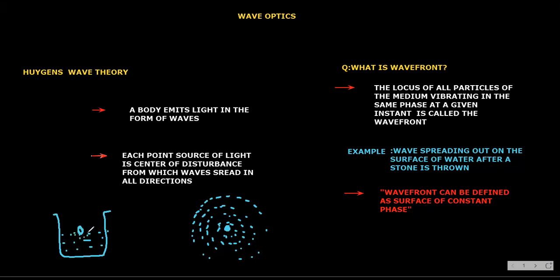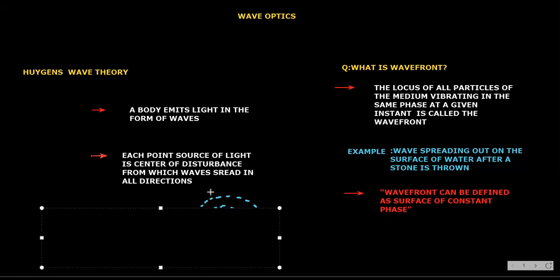Then you will see that in this liquid you get some concentric circles. Understand? So these are nothing but waves spreading out on the surface of water after a stone is thrown. You can take a small stone and throw it in the vessel. Don't throw a big stone, otherwise it will break. So just take a small stone and do this activity. You will understand what the wavefront is.